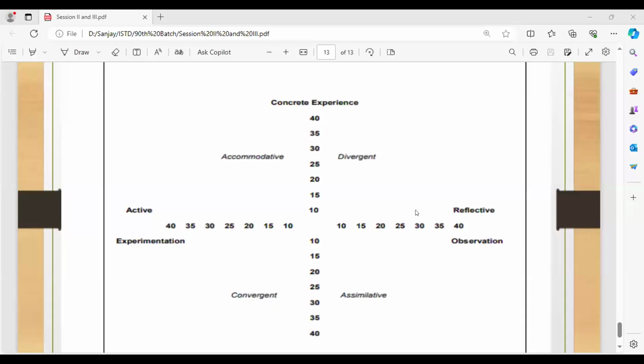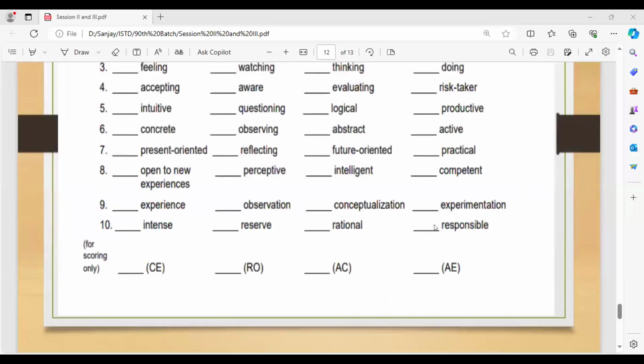Could you just show that graph once more, sir? I just want to write down a few more details. Please scroll up a bit, just to see. Yeah, that's enough. Thank you so much.